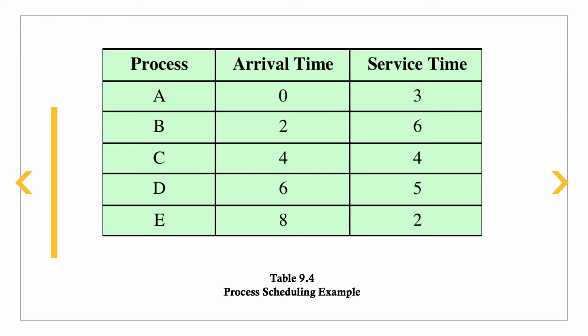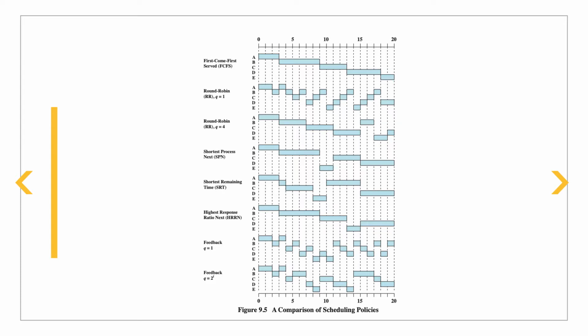So at time 0, right at the beginning, process A arrives in the ready state, and it's got a service time of 3. At time 2, process B arrives, and it has a service time of 6, and so on and so forth. So this is what we're going to be using as we take a look at the example on the next slide of how these things are going to look when we actually run these different scheduling algorithms on them. So let's keep that one in front of us.